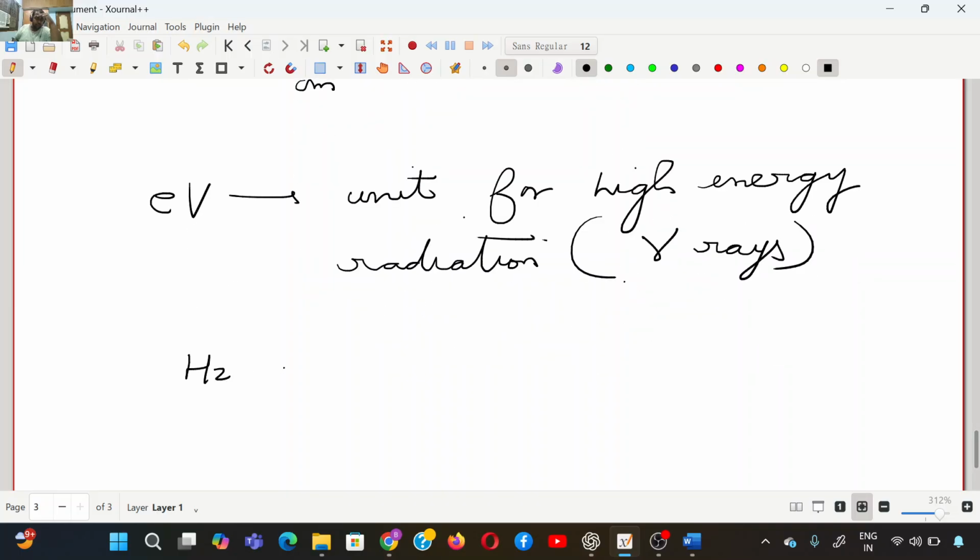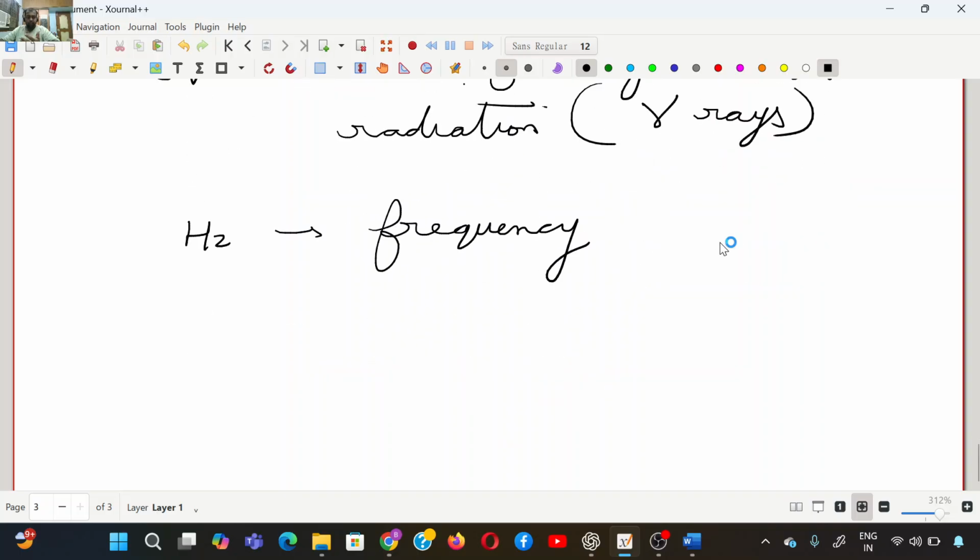Hertz is a unit for frequency. Like if you have some radio, they will always tell you to tune to a frequency: 98.4, 102 point something, 92.7 Red FM, like that. So frequency is inversely proportional to lambda, or wavelength.